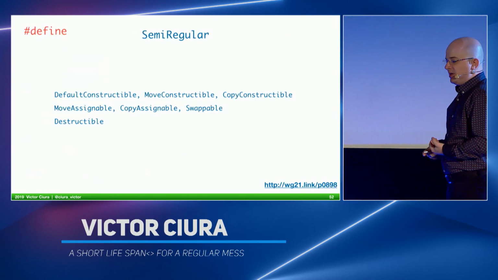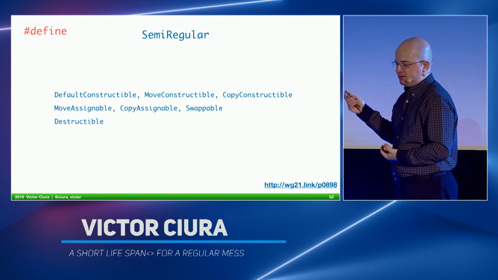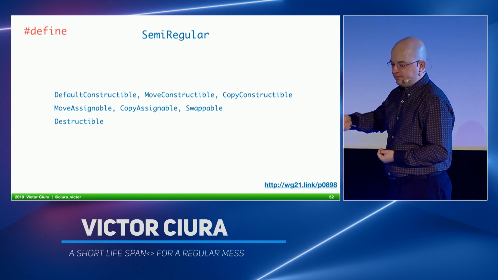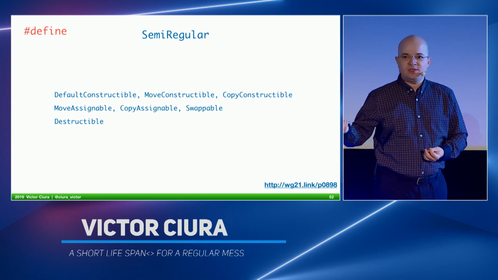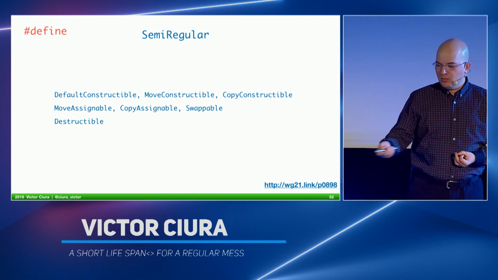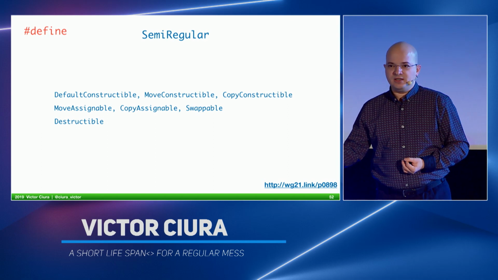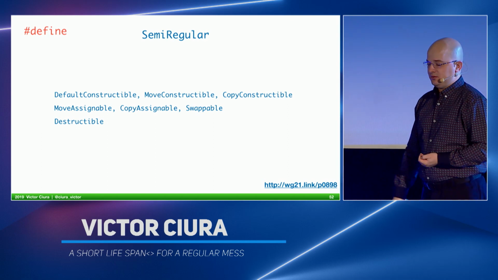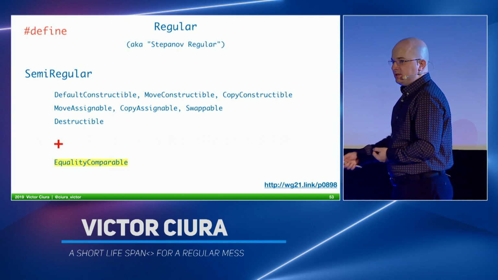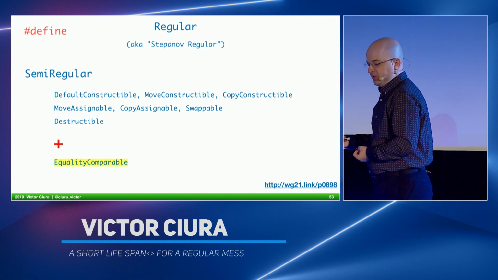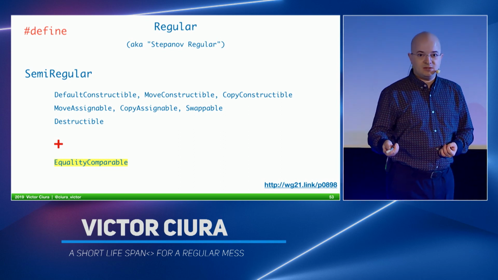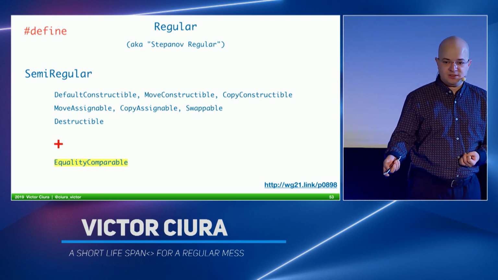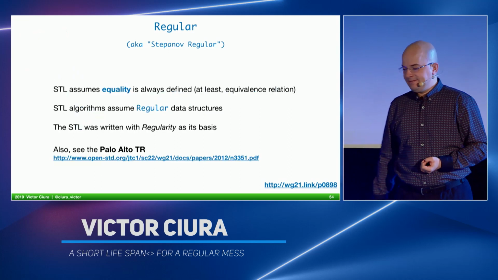As defined, semiregular is something that is default constructible, movable or copyable, move assignable or copy assignable, swappable, and destructible. Most types kind of fell into this category. And regular, as defined in Elements of Programming, is a semiregular type that is equality comparable. And we shall see what that implies.